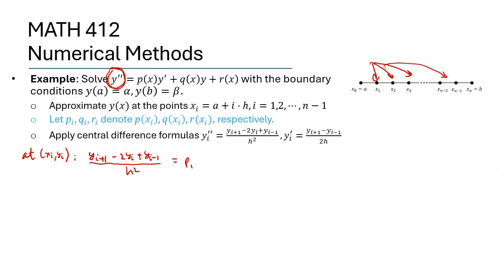And p sub i times y prime, which is yi plus 1 minus yi minus 1 over 2h. And now this term, q sub i yi plus r sub i, finally is this last term.